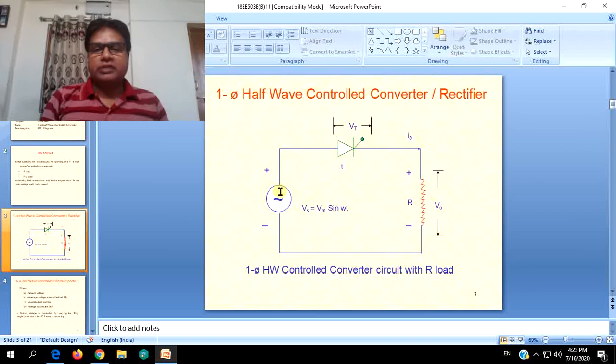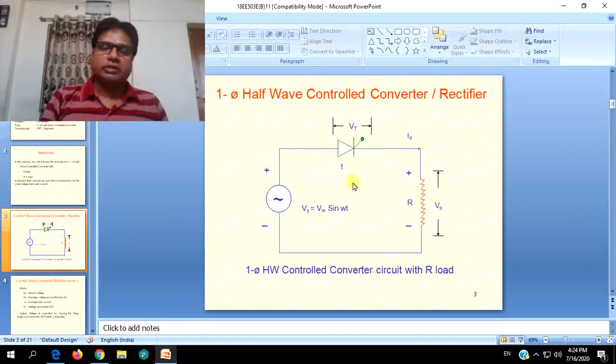During the positive half cycle, anode will be positive with respect to the cathode, or it will be in forward biased condition. Until gate signal is given, it will not conduct. When gate signal is given, it will enter into conduction mode from forward blocking mode.